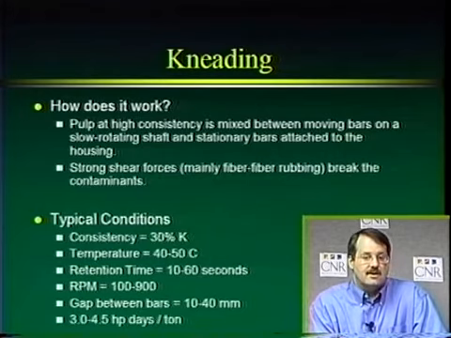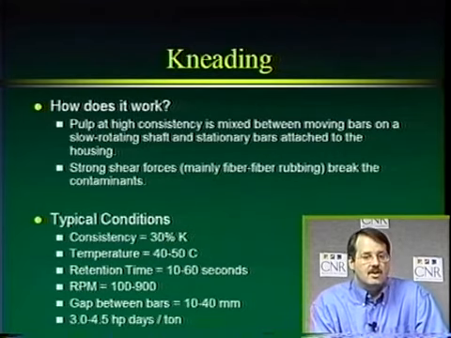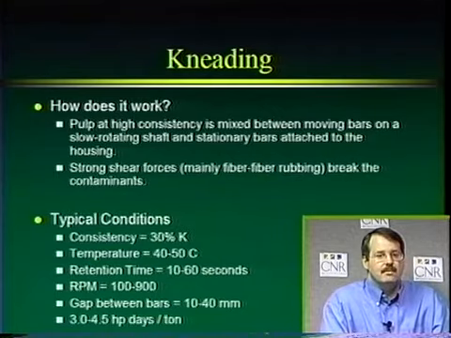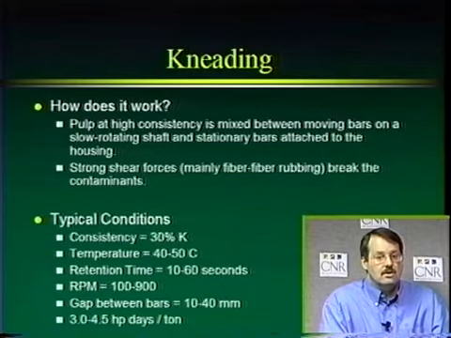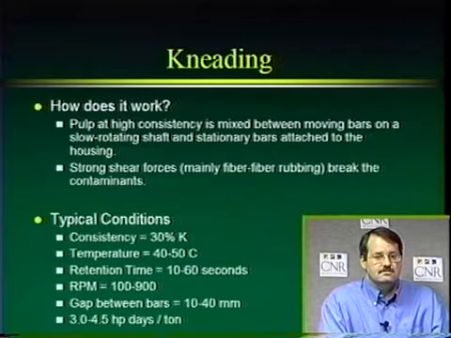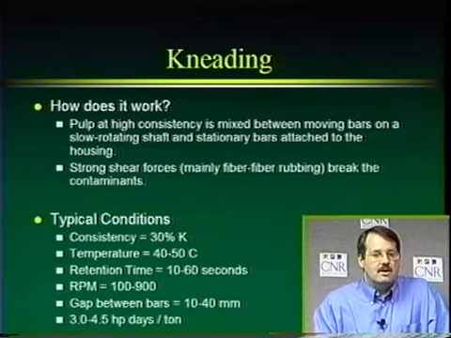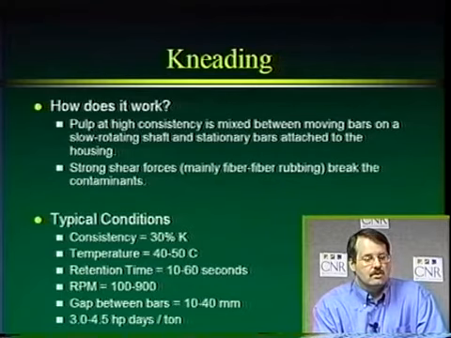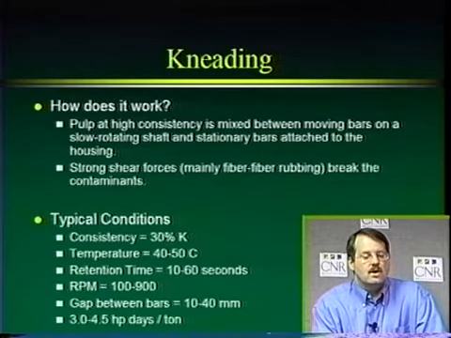If we think back to disc dispersion, it was more like 2 seconds. RPM ranges around 500, 600 RPM, a little bit slower, maybe half the speed of the disc dispersion. The gap between the bars is 10 to 40 millimeters.